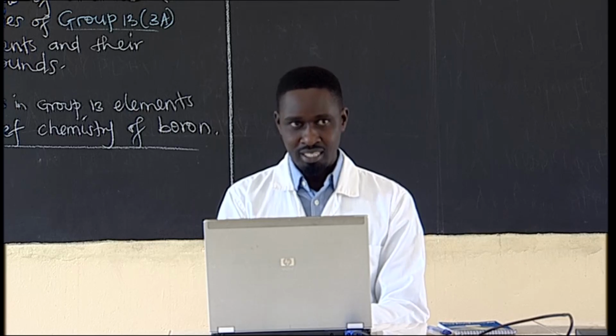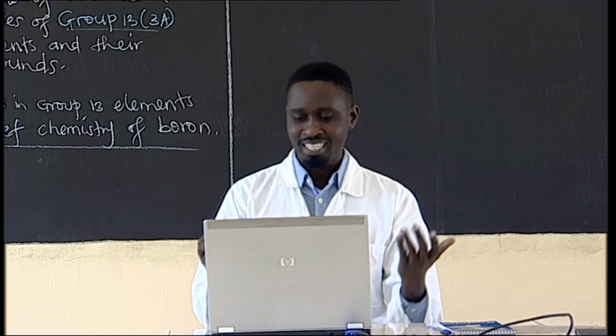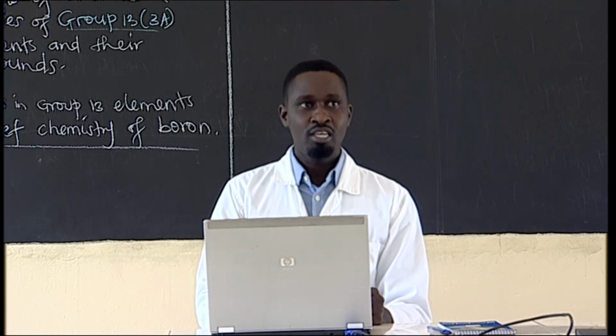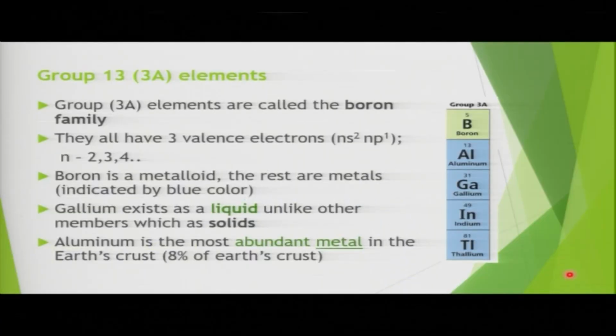And let's directly go to what is exactly in group 13 or group 3A. When we talk of group 3A, sometimes it is called the boron family, simply because boron is the first element on top, so it is normally called the boron family.